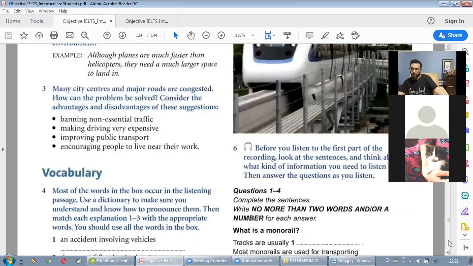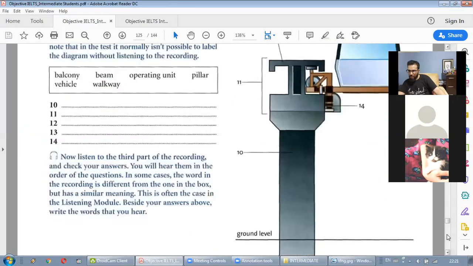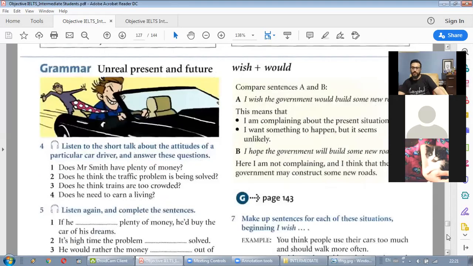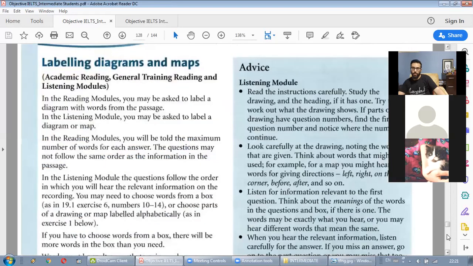I agree. What do you think, Rima? Yeah, I totally agree. All right. So this way we can move on to the other things, but we still need to really drill the true, false, not given. The only thing I can help you with is doing all the true, false, not given exercises in the workbook.